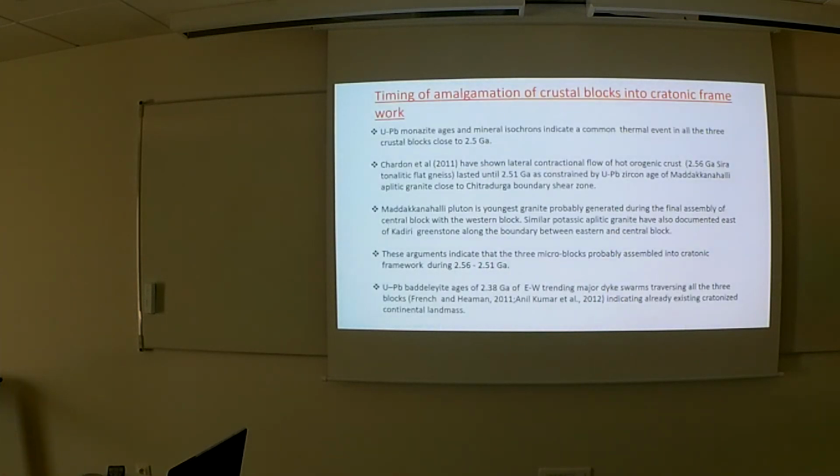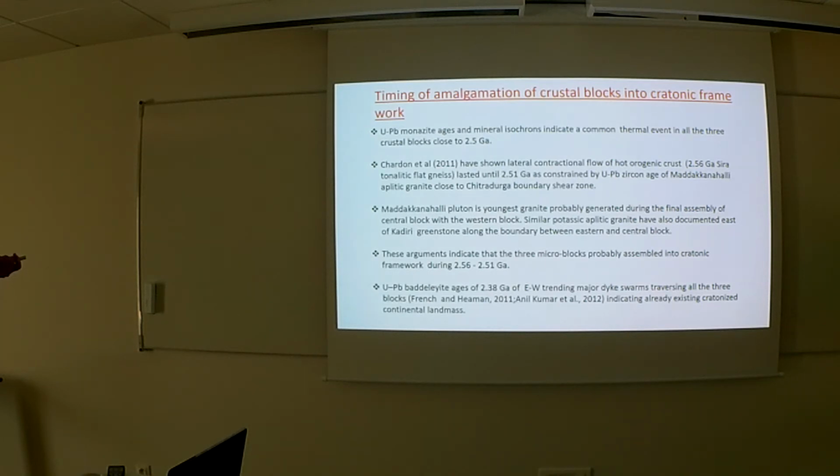Now the question is, when these three microblocks with independent history come into the cratonic framework. All the three cratonic blocks were affected by one single thermal event at 2,500 million years. That means all of them were together at that time. Now the question is when they started moving. Our fabric data and also the ages indicate that they started converging at 2,560 million years, as the hot orogenic crust started moving, and we have dated this.